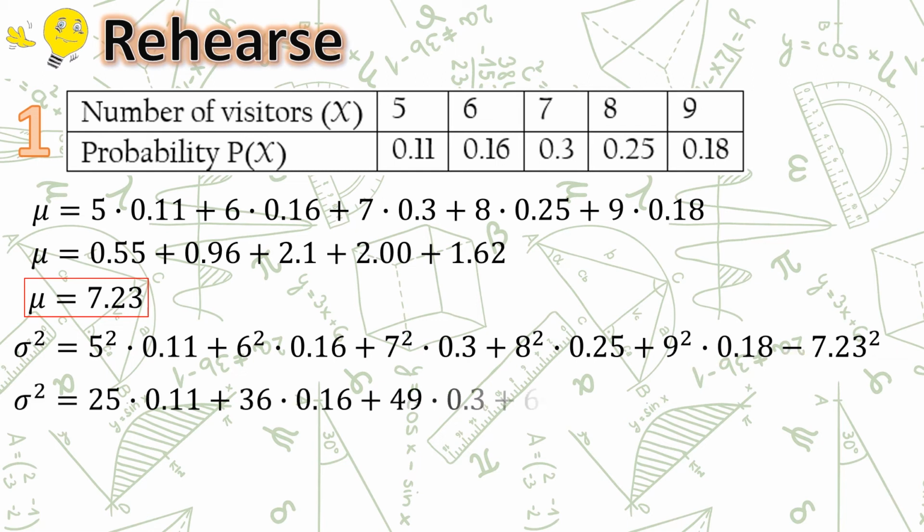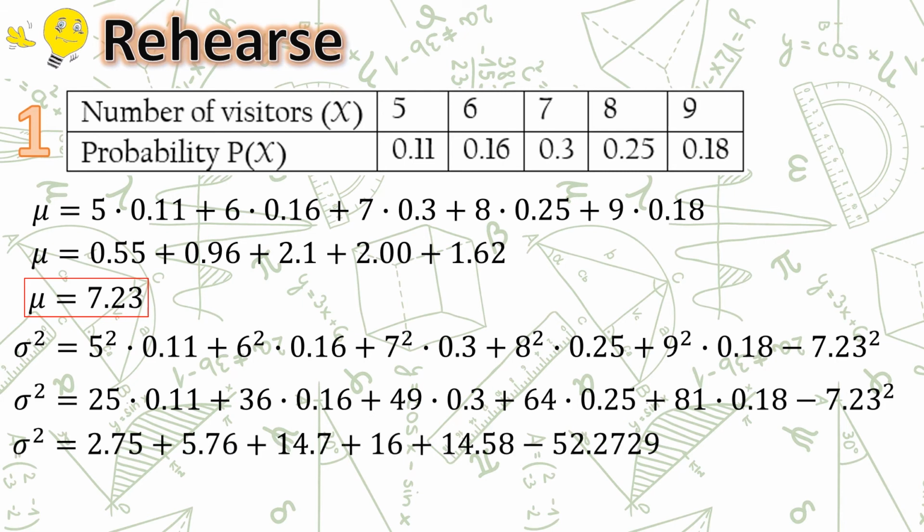Here, we will get the variance as equal to 1.52. In solving for the mean, variance, and standard deviation, students are allowed to use their calculators. So for the standard deviation, we'll just get the square root of 1.52, and that is 1.23.